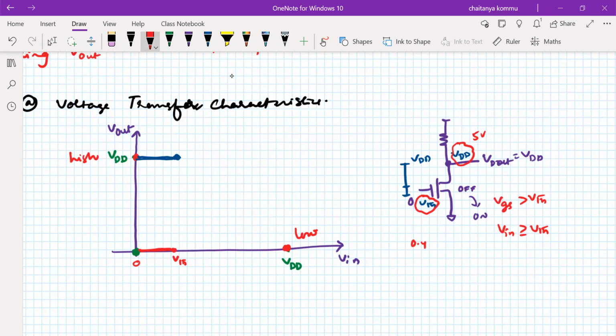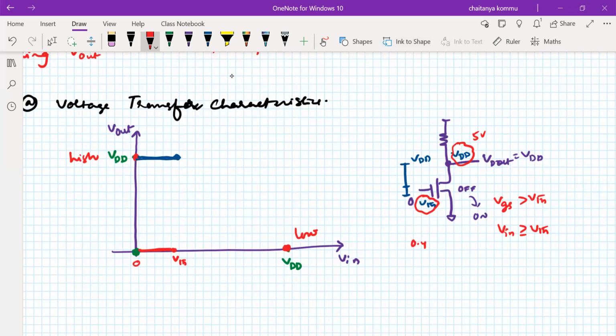Anyone from the class? I told you some shortcuts. Anybody guess? The gate is at low potential and the drain is at high potential. You can also type it in the chat box. Anyone from the class? So what is the region of this transistor, whether it is in linear or in saturation?